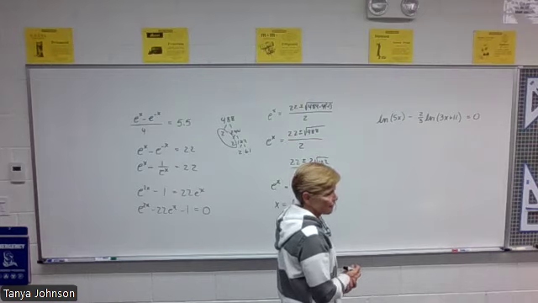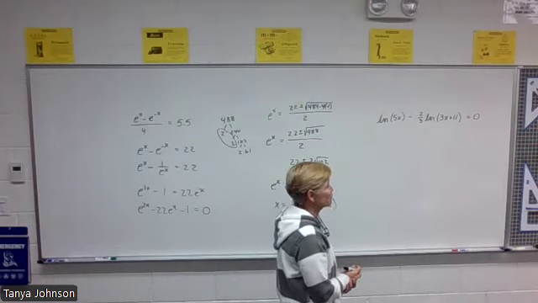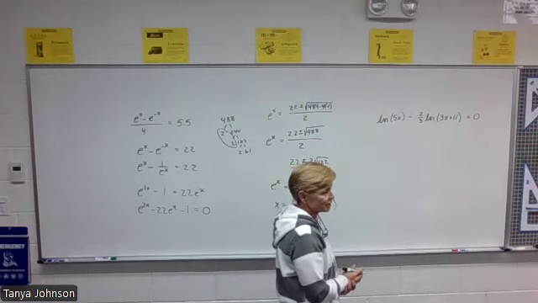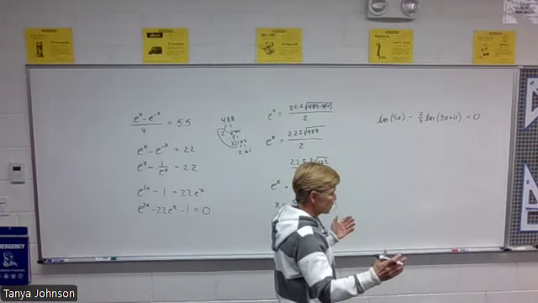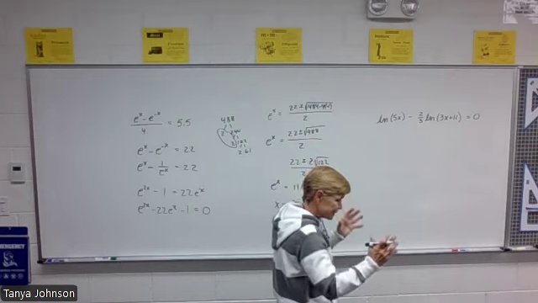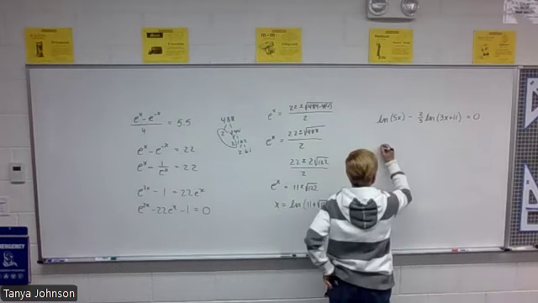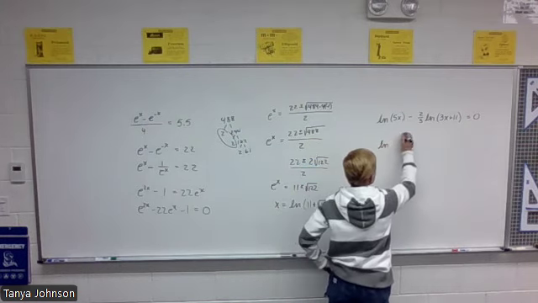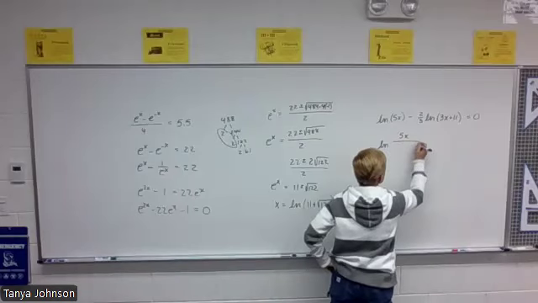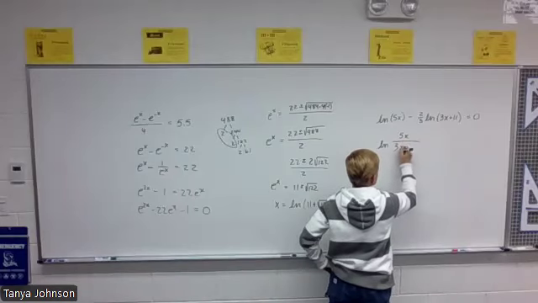Condense the logs. If you don't know that's your first move, you haven't got a prayer getting this one right algebraically. If there's more than one log, you've got to get all the logs on one side and then condense them together. In that case, it would be the natural log of 5x over 3x plus 11.